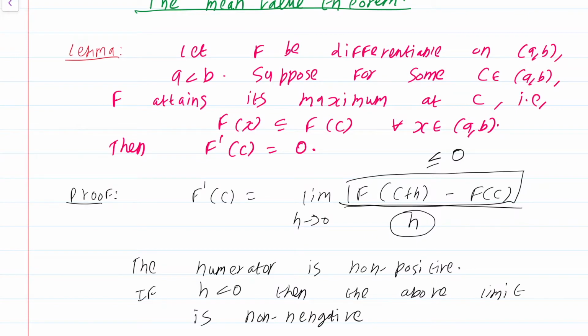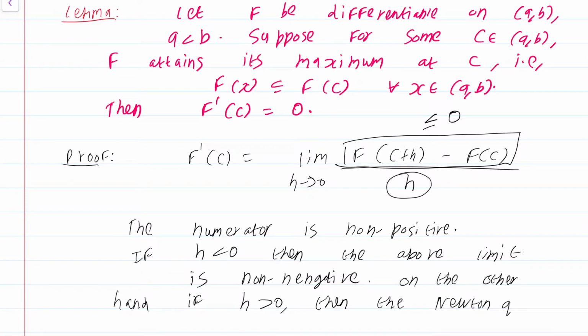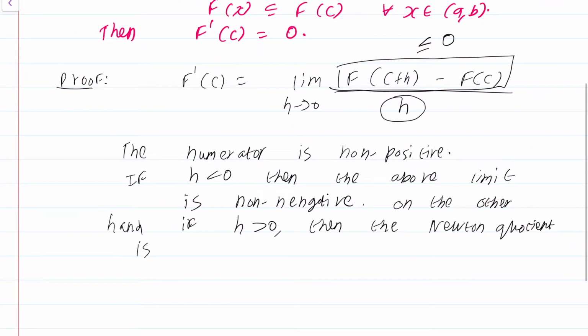On the other hand, if h is greater than 0, then the Newton quotient is non-positive, because the denominator is positive whereas the numerator is non-positive.